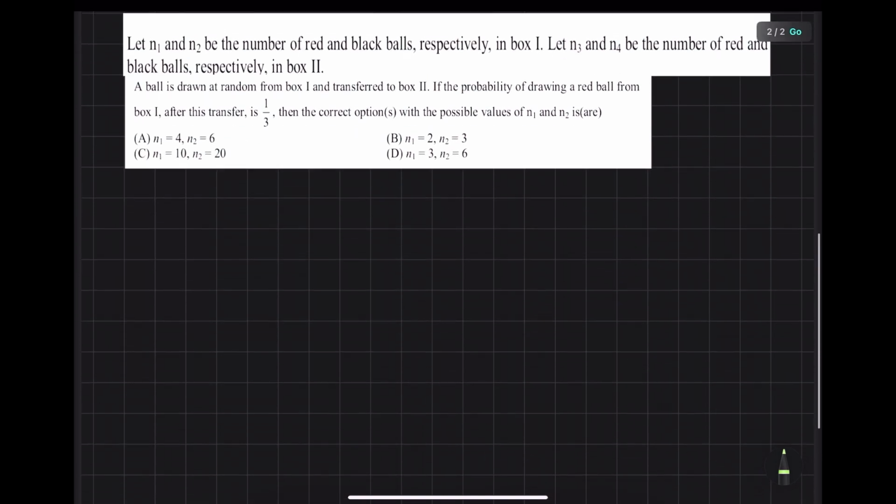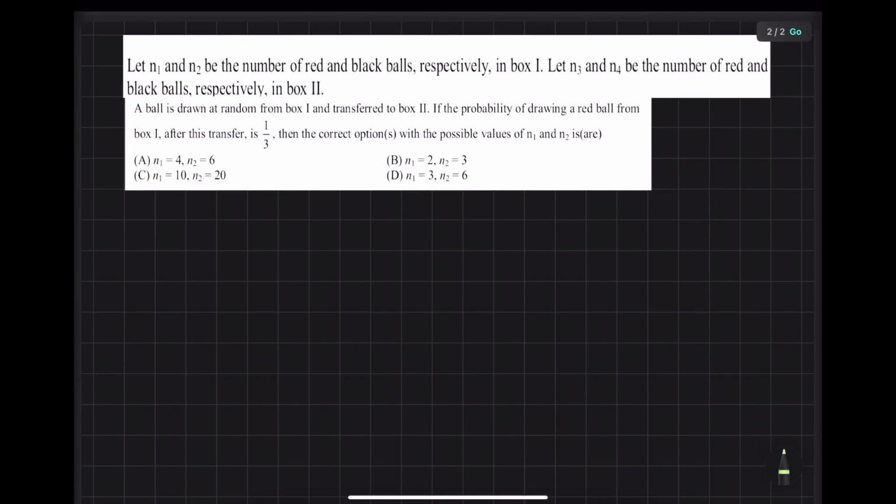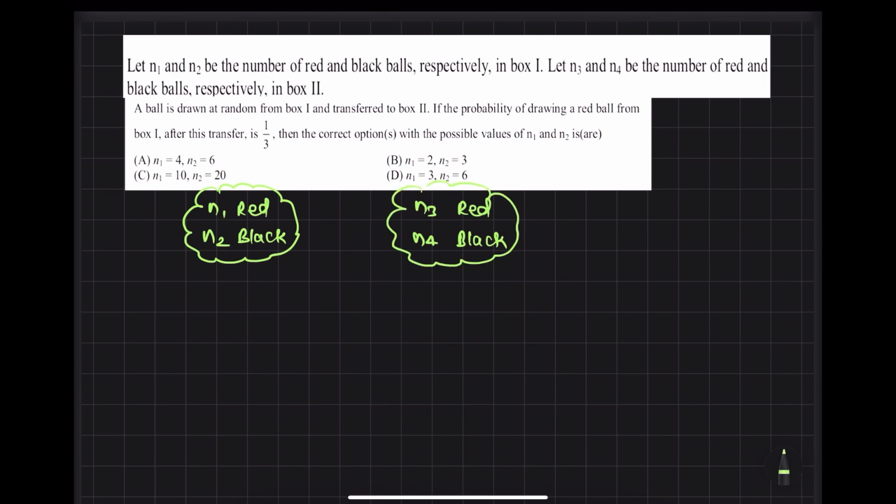Let's jump on to the next illustration, which says let n1 red and n2 black balls be in box 1, and n3 red and n4 black balls be in box 2. A ball is drawn at random from bag 1.